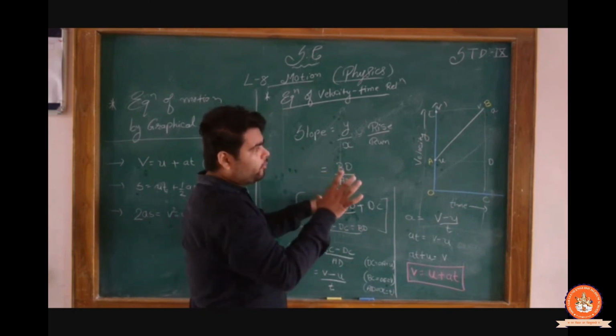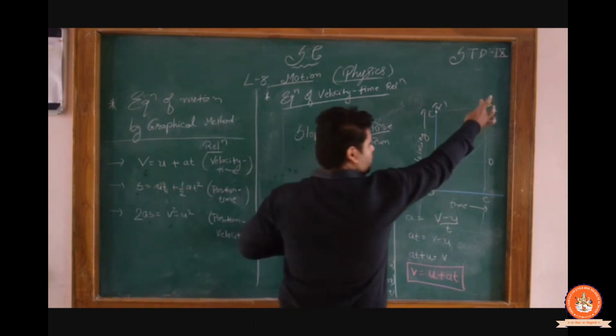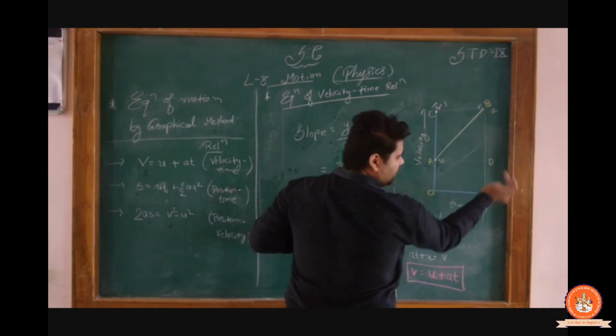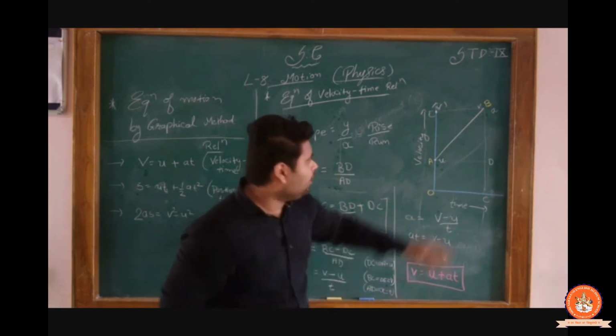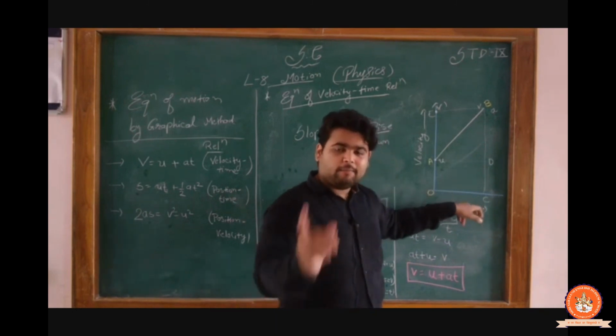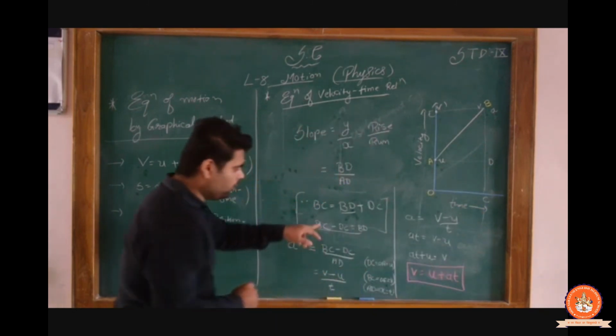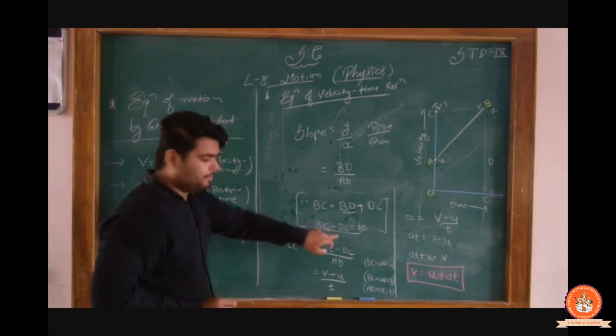Now we want to find BD. So BC equals BD plus DC, we have to take the whole. So the whole BC equals BD plus DC. But we want BD, so BD equals BC minus DC.